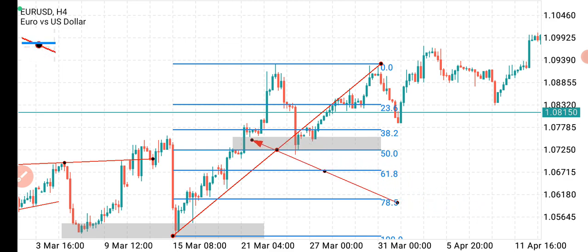Okay, and then upon this, you notice that price begins to reject. So if you go to your 15-minute time frame and you see this shaded portion, you will notice that there is a change of character or a break of structure on the lower time frame, and then the market moves to the upside.